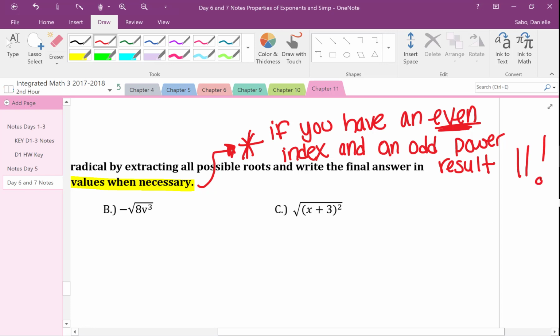So for example, if I have a square root, fourth root or sixth root, automatically your brain should say, if I get a result with an odd power, I must put absolute value signs on it. If I have a cube root, I'm good, because cube, you can have anything in your domain. But radicals with the square or any kind of even index, you can't have that.